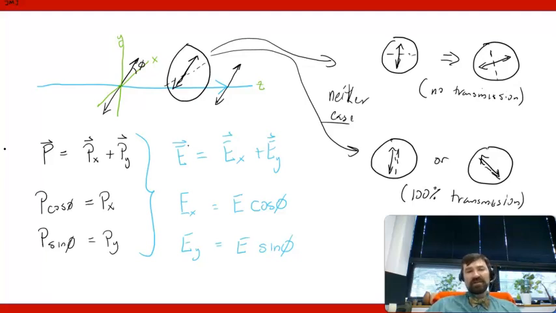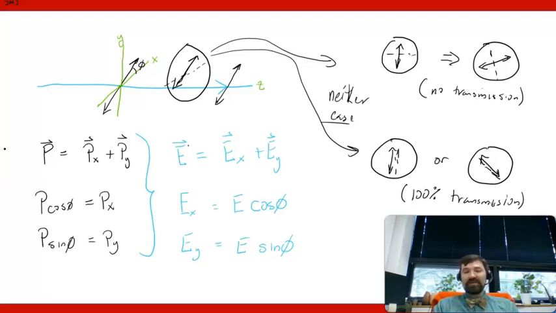I just happen to say the x-axis and the y-axis are how we would define them in native x and y-axis terms. In other words, if I have a beam that's heading towards you, probably I'm going to have an x-axis that's left, right, and a y-axis that's up, down. So if my polarization happens to be this direction, then it has some x component, some horizontal component, and some vertical component.